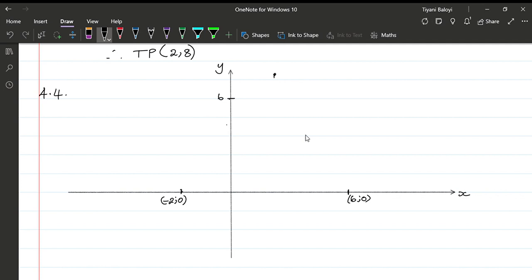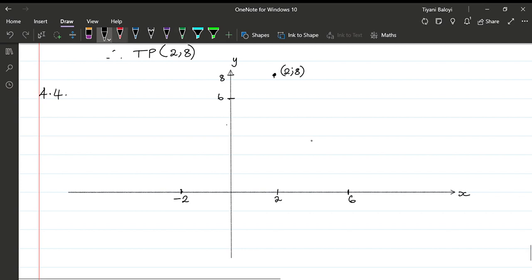So here we have 2, and we already know that the y is 0, so there's no need to indicate it. And then here we can just indicate that we have an 8, so this is our turning point. So we'll have 2 and 8, right?